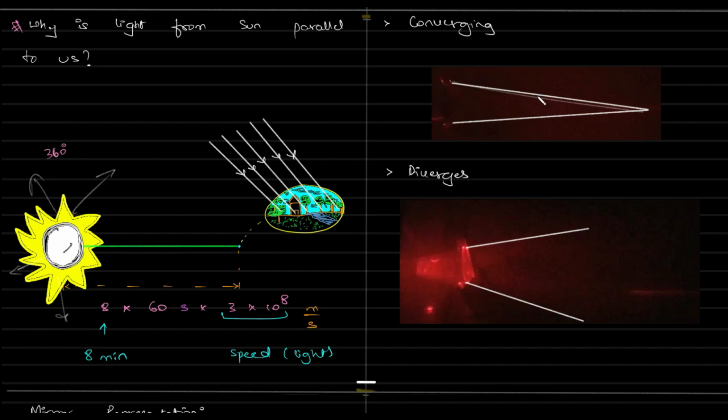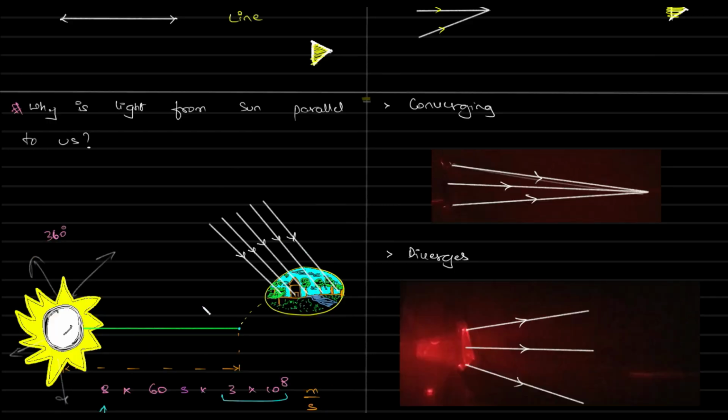This lens diverges the light. So this set of rays or beam is diverging and this is converging. So a bunch of rays is meeting at a point. That's the difference between converging and diverging and parallel rays.